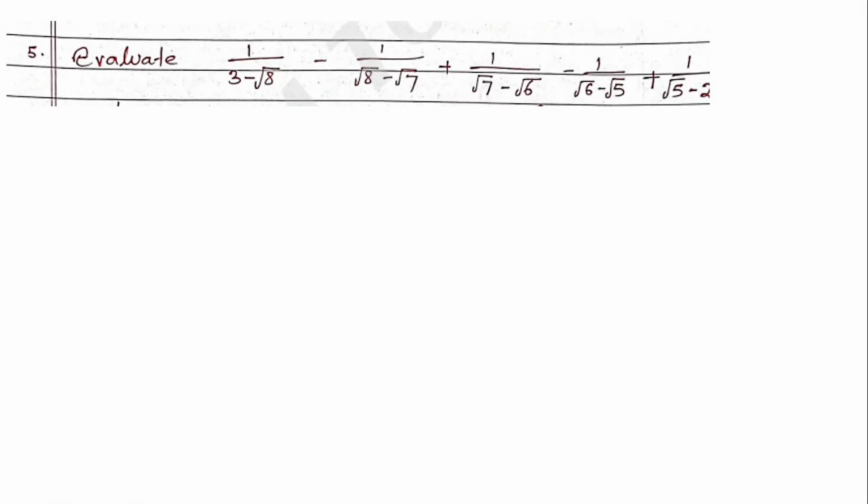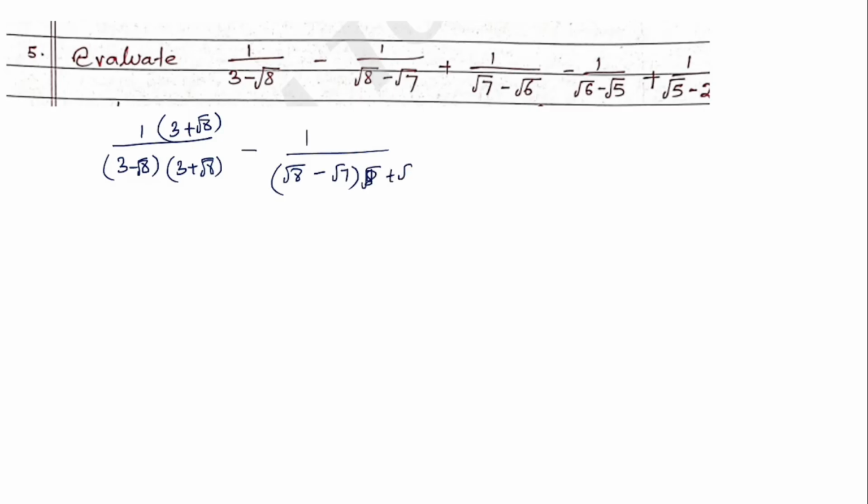Okay, next, evaluate. How to solve? First write 1 by 3 minus root 8, into 3 plus root 8, because when we rationalize we multiply by the rationalizing factor 3 plus root 8. Again 1 divided by root 8 minus root 7, into root 8 plus root 7, multiplying the numerator by root 8 plus root 7.